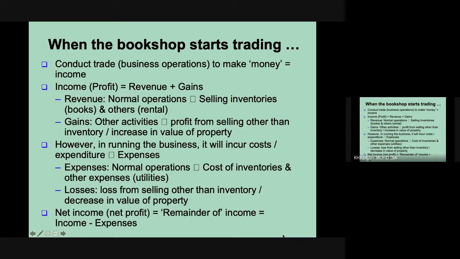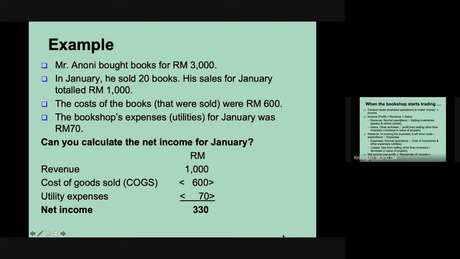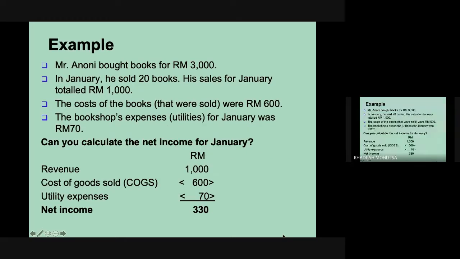Having your income minus your expenses, you will have your net income, or what we call net profit, or remainder of income. You get that by income minus your expenses. So let's say this is an example.